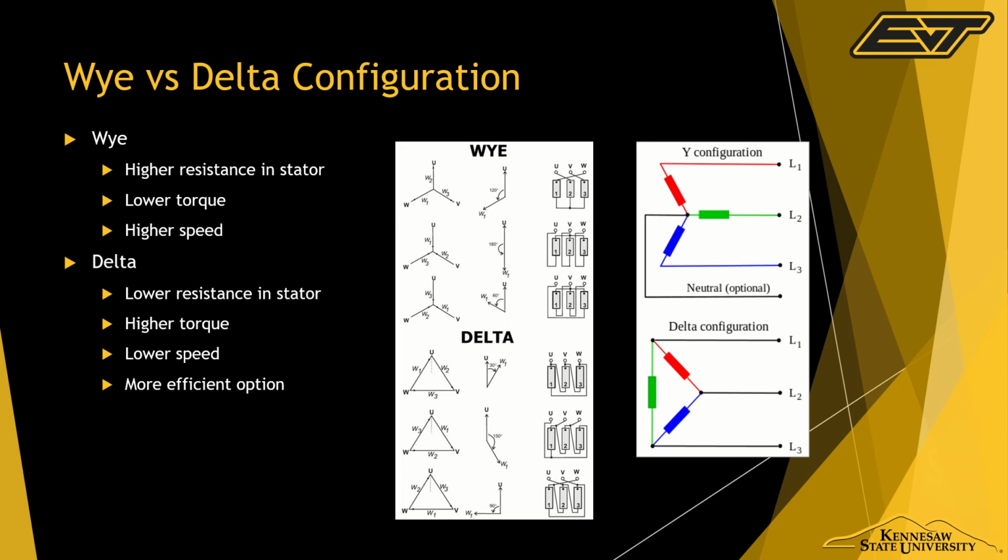Whereas if your motor is configured as a Y, your delta configuration will produce more current inside your motor, which will reduce the lifetime of it, and it could possibly overheat.